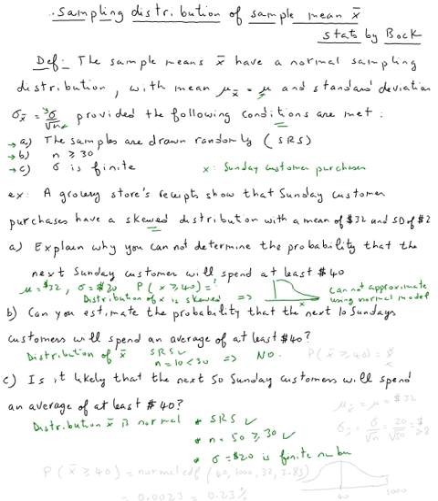So they're asking us to find the probability of X bar to be bigger or equal than 40. Remember, the same question was here: find the probability of x bar bigger or equal than 40.